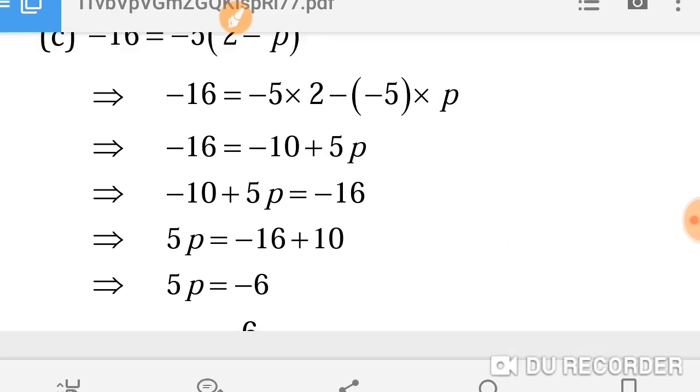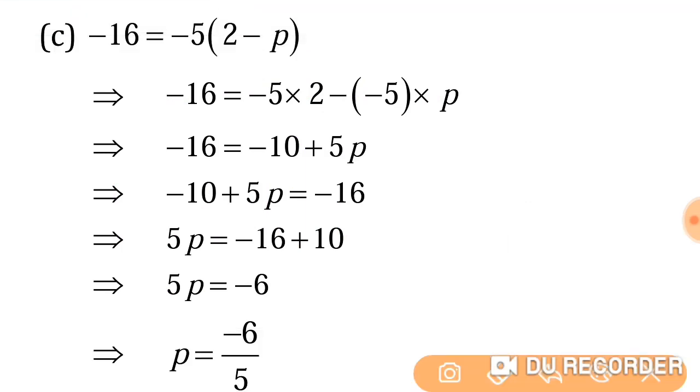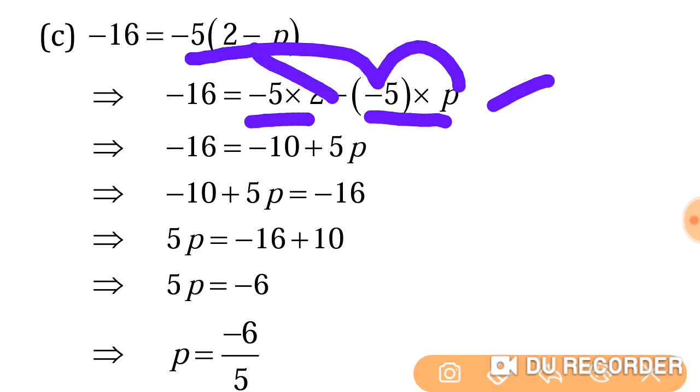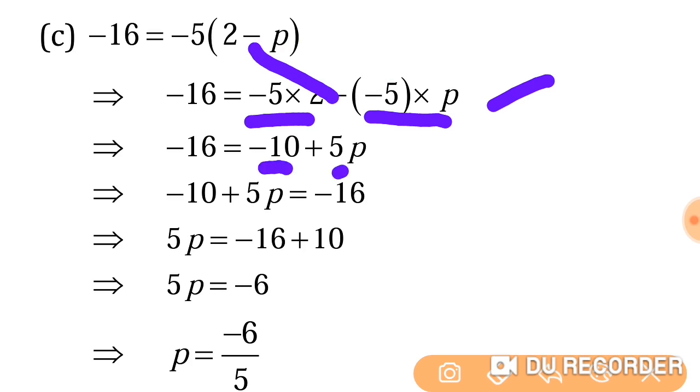See here. Minus 16, multiplication 5 into 2 minus p here. Why they have not written this minus? They kept it as it is, but multiplied with p. So 5 twos are 10, 5p plus.